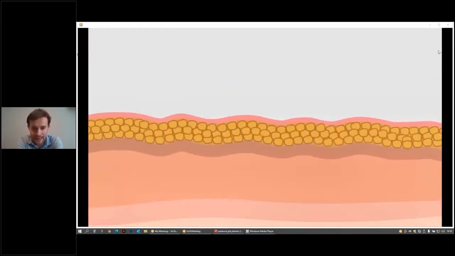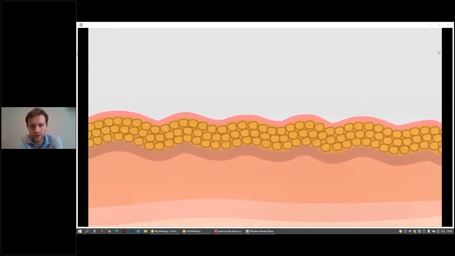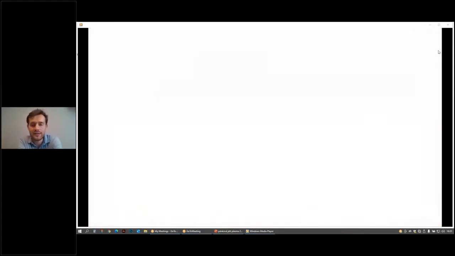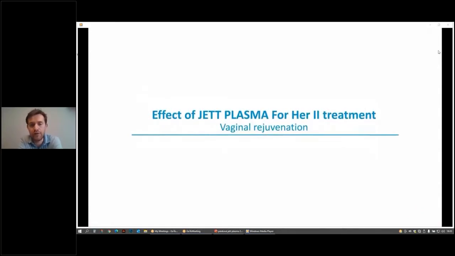And this flowing of electric energy and changing of permeability of the cytoplasmatic membrane of the cell has a very positive effect for vaginal rejuvenation.